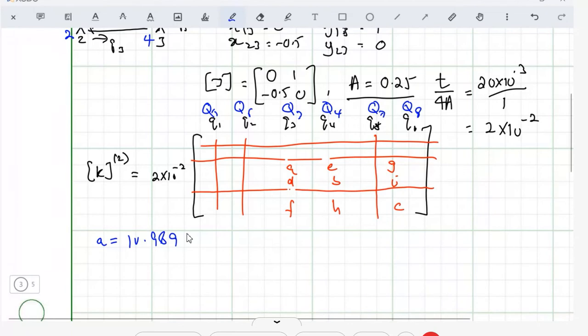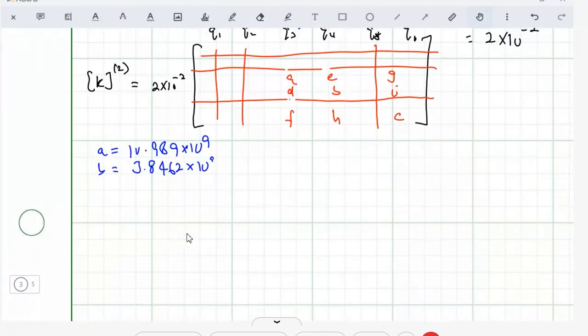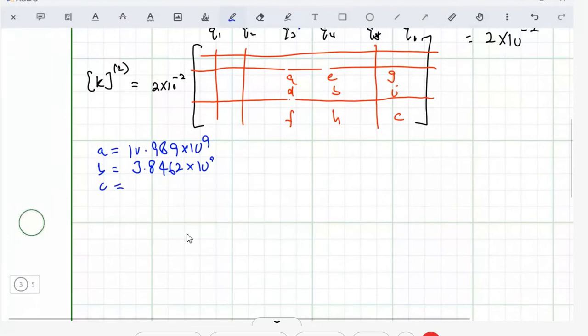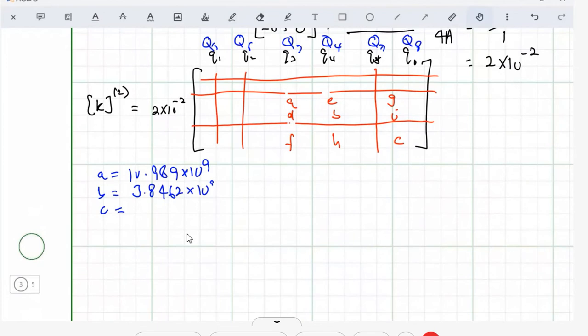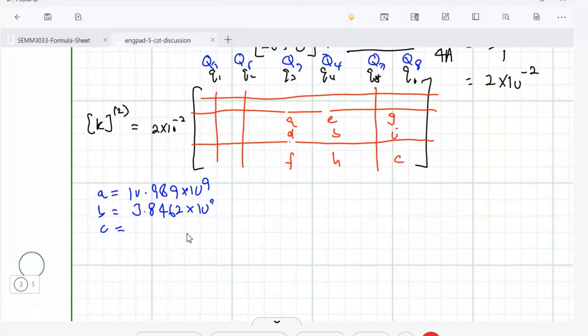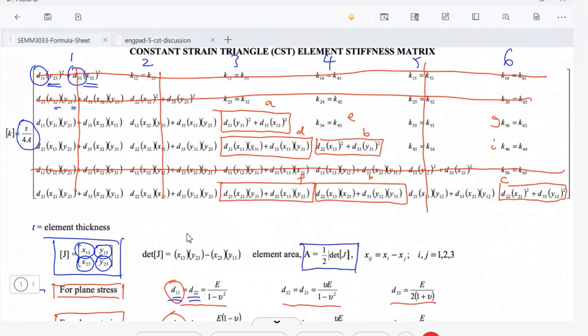So now if we use the formula again, we can get my A equal to 10.989 times 10 to the power of 9. B equal to 3.8462 times 10 to the power of 9. And C equal to, note that A, B, C has two terms.